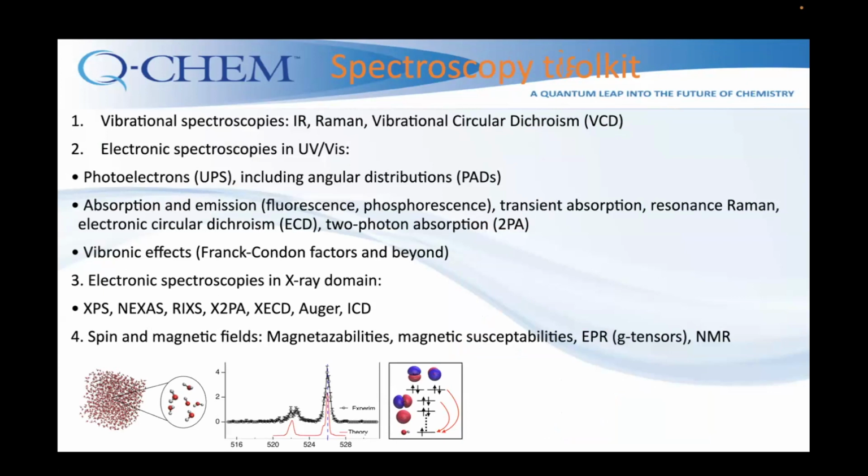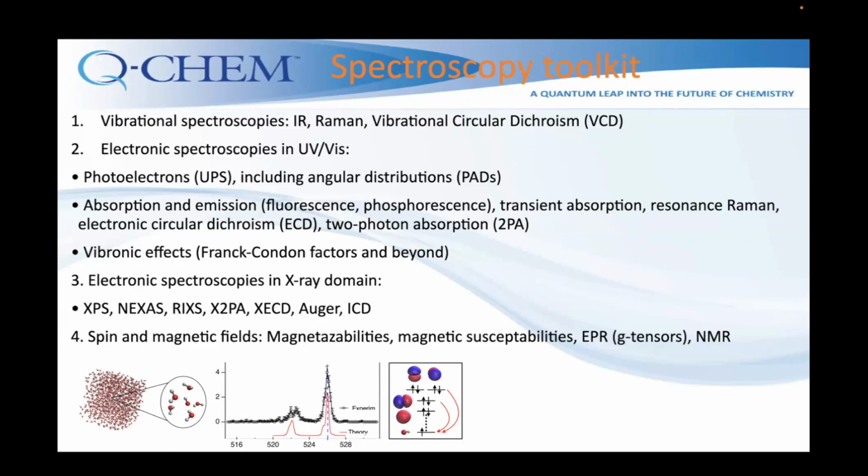You can see we can talk about vibrational spectroscopies. They concern things like, hopefully some of you were able to do it in the breakout rooms, calculating an IR or Raman vibrational spectrum. There is vibrational circular dichroism spectroscopy, which allows one to get information about chiral molecules. There are a bunch of electronic spectroscopies. There are spectroscopies that probe transitions between magnetic levels and sublevels in molecules and so on.